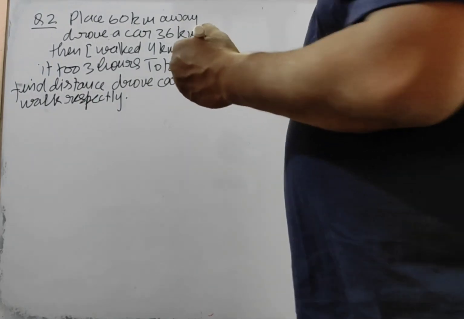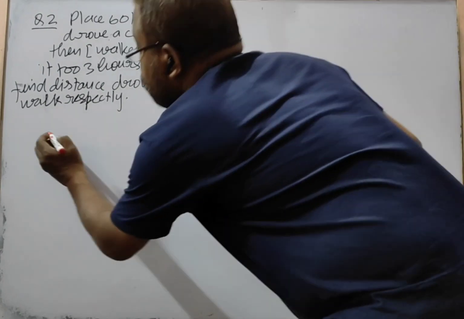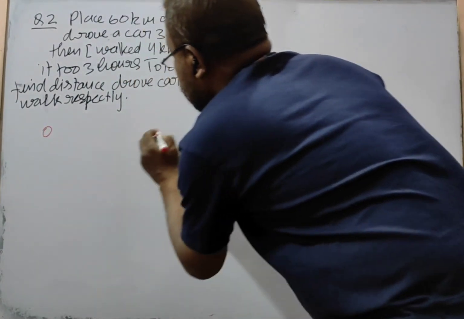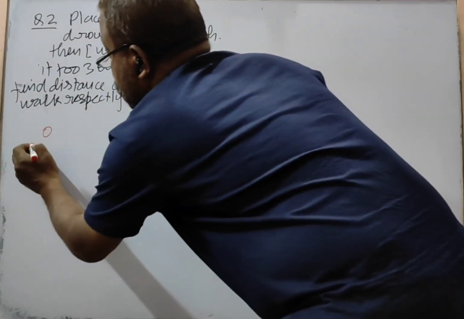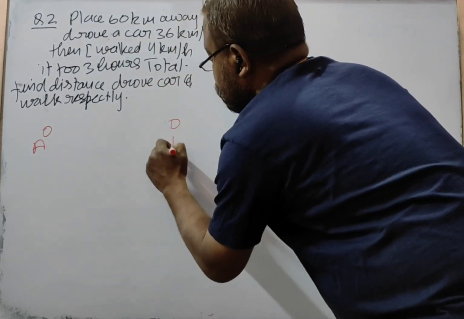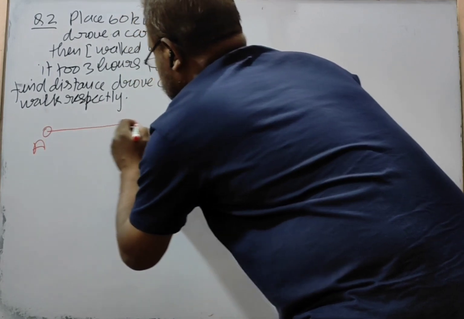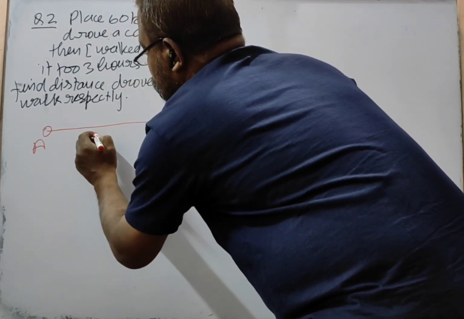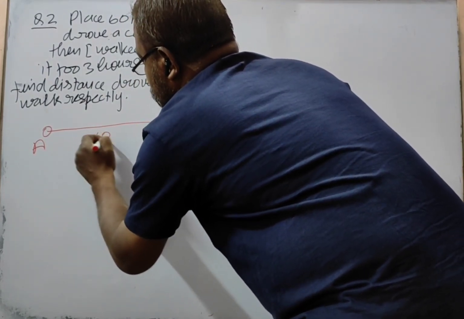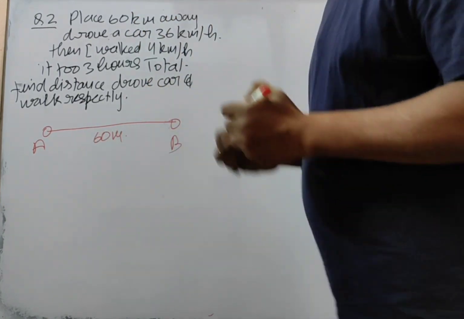So say there are 2 points. This is A, this is B, and the total distance between them is 60 kilometers, right?